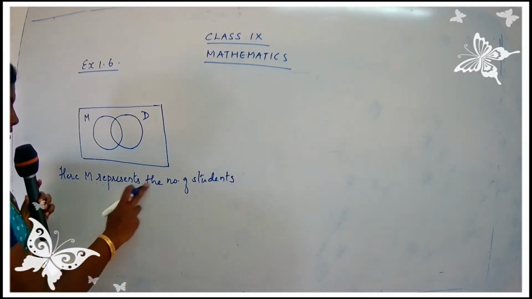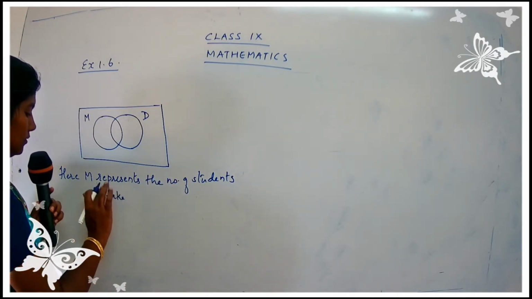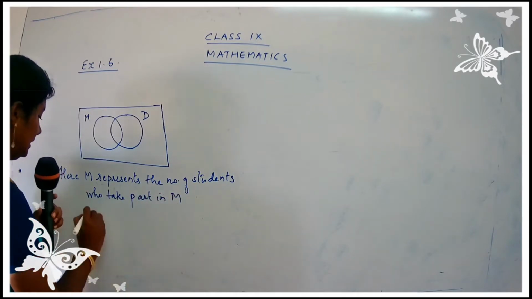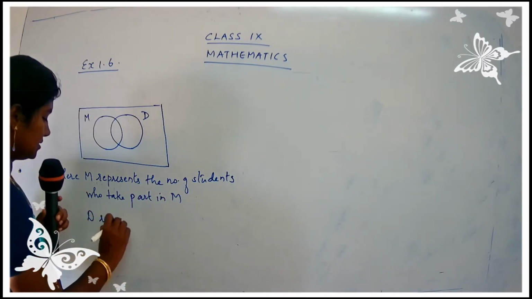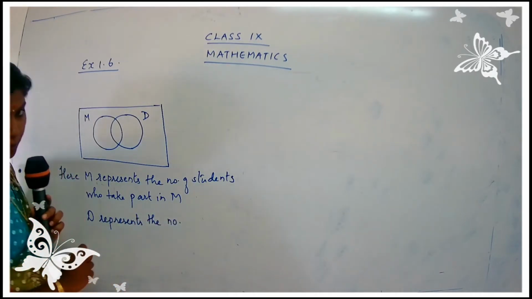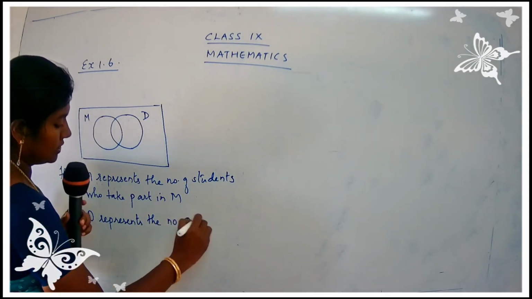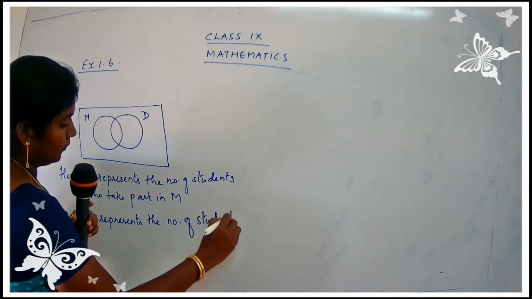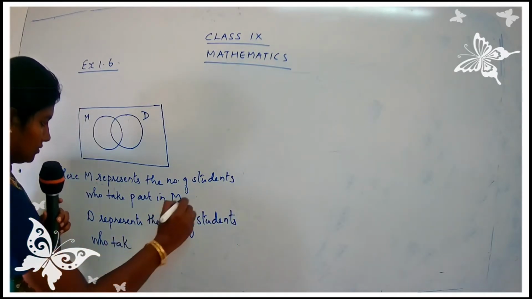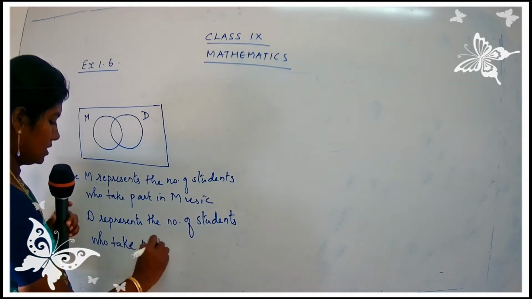M represents the number of students who take part in music. D represents the number of students who take part in drama.